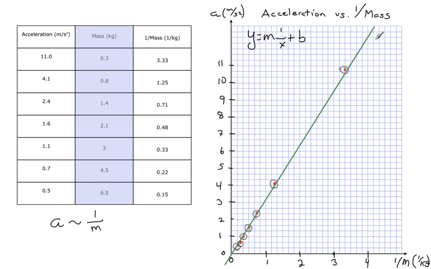So let me find a couple of points that I could use. Maybe I could use this point right here, and then maybe I could use this point, which looks pretty good. If I use those 2 points, I could find the rise over run for those 2.